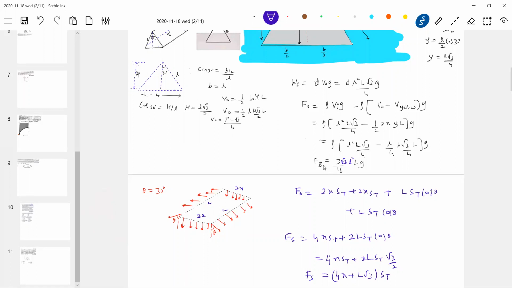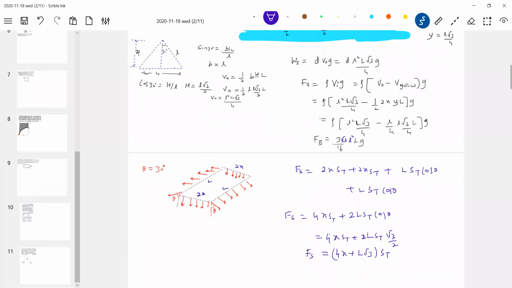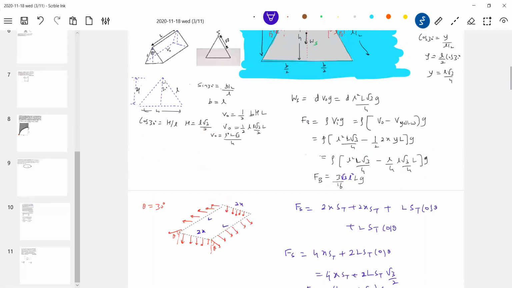Okay, let's equate all the forces. What are the forces that are acting? Four x plus L root 3, S_T. I took it outside as common. Somebody is asking about 4 S_T. Okay, sir, understood. No, equate forces. So what are the forces?